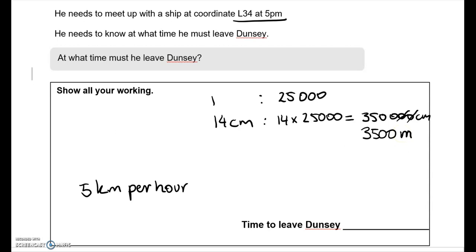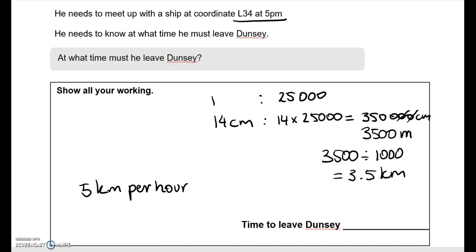Now we'll convert this to kilometers, and we know that there are 1,000 meters in 1 kilometer. So we'll divide 3,500 by 1,000, and that gives us 3.5 kilometers.